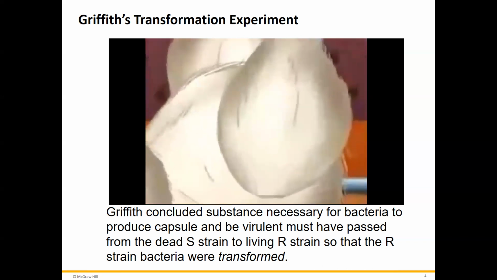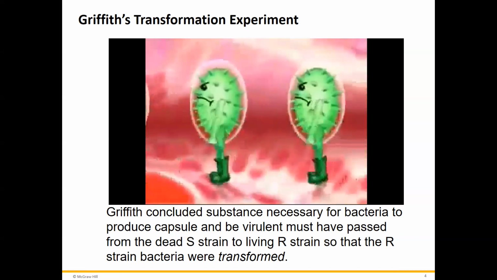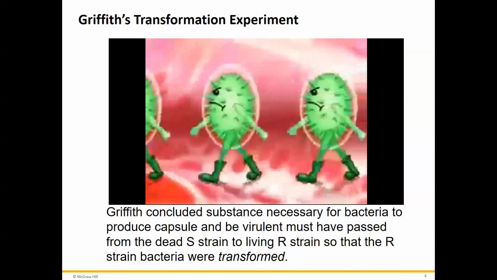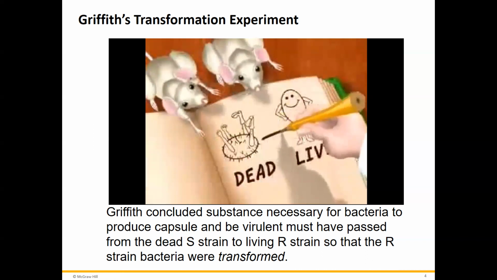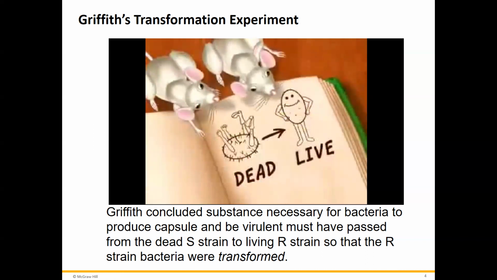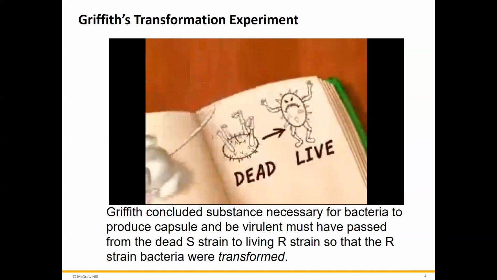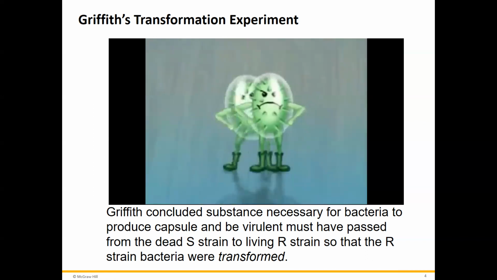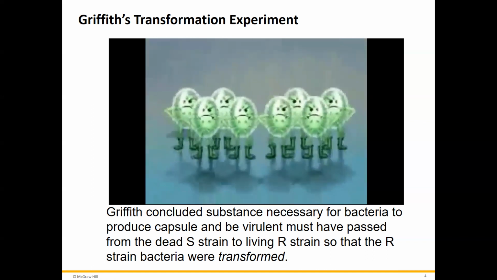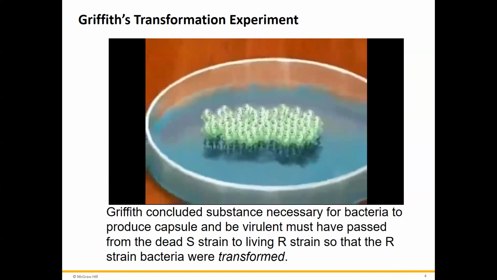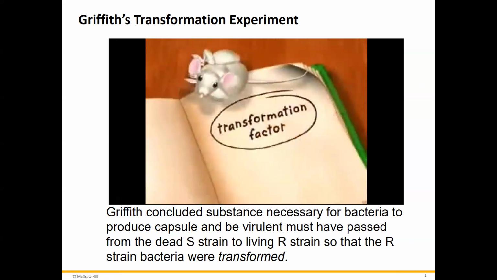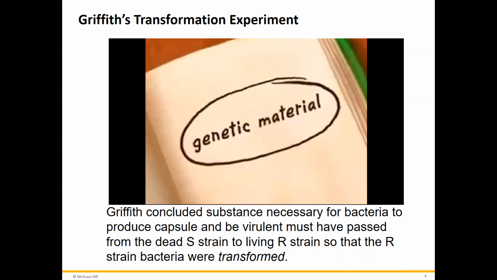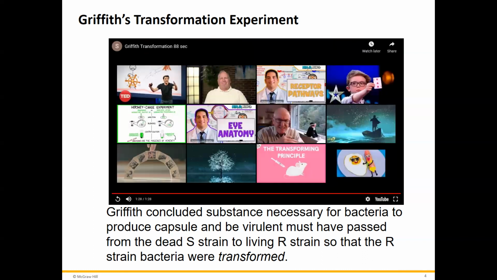When Griffith examined the dead mouse, he found live bacteria that looked just like the infectious strain. This suggested to him that some factor had passed from the dead bacteria into the live ones to transform them. He also discovered that this transformation was maintained in all subsequent generations. So Griffith's transformation factor must have contained genetic material.